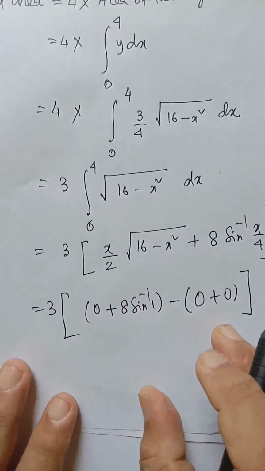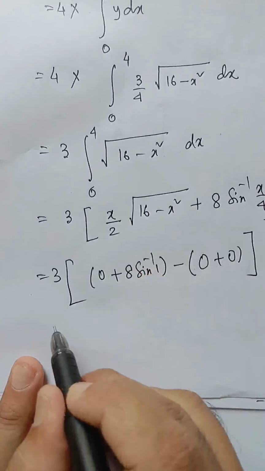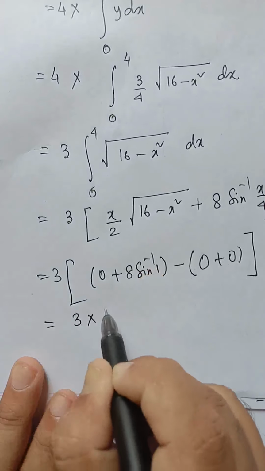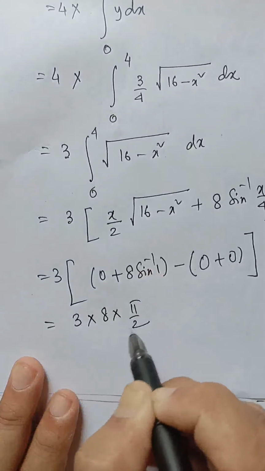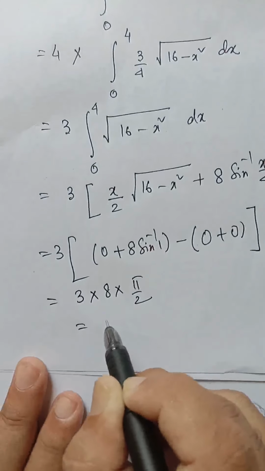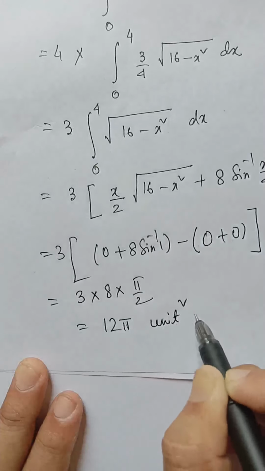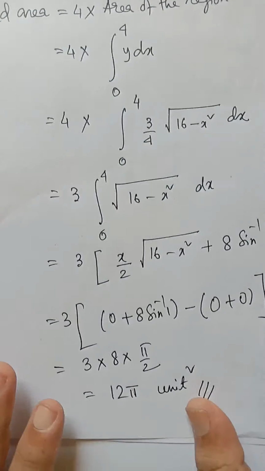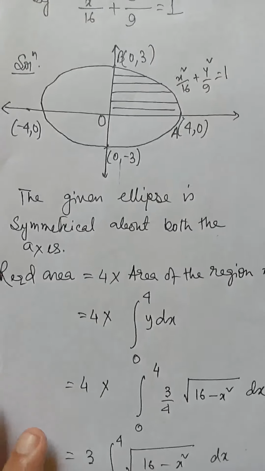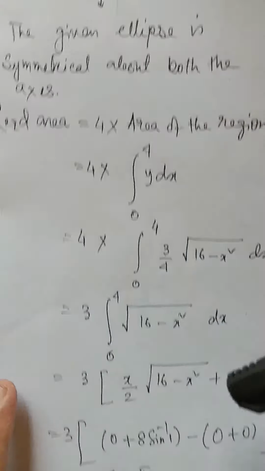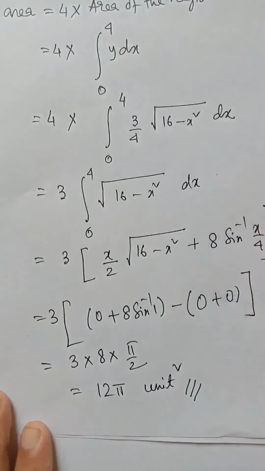Sine inverse of 1 is pi by 2. So 3 into 8 into pi by 2. Ultimately its answer is 12 pi unit square. So this is the area of this particular ellipse, 12 pi unit square.